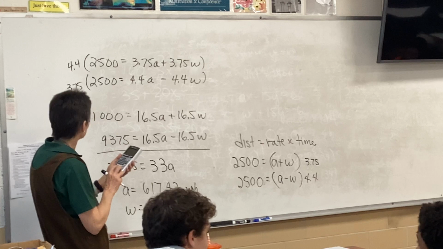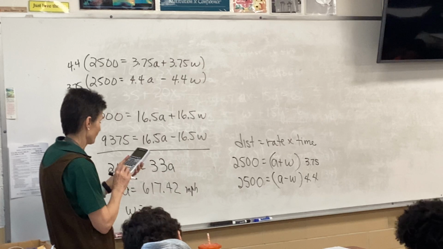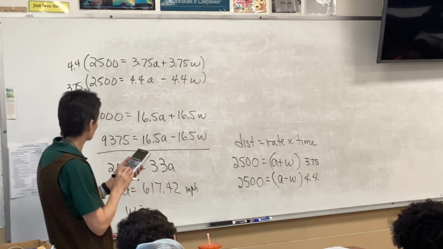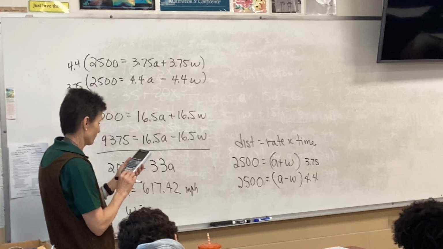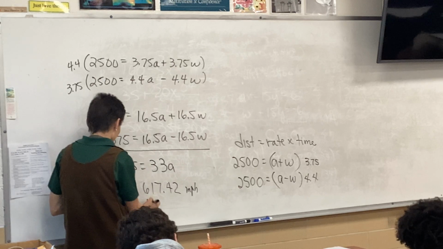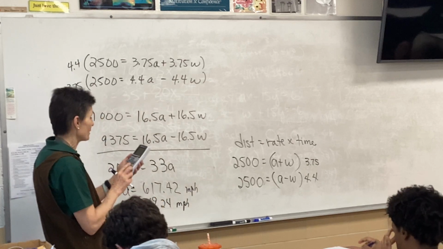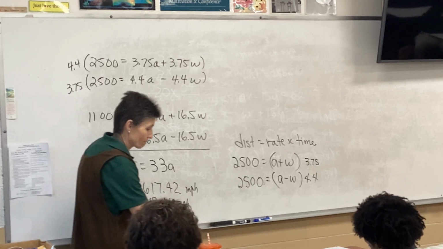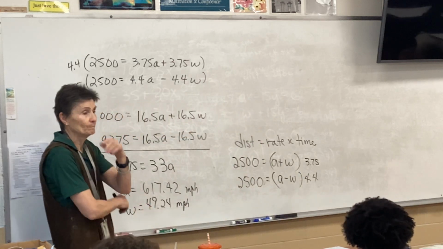And now I'm gonna find W. For my wind, I actually got 49.24. I got that. Okay, those were kind of yucky numbers, but since we had a calculator, it all worked out.